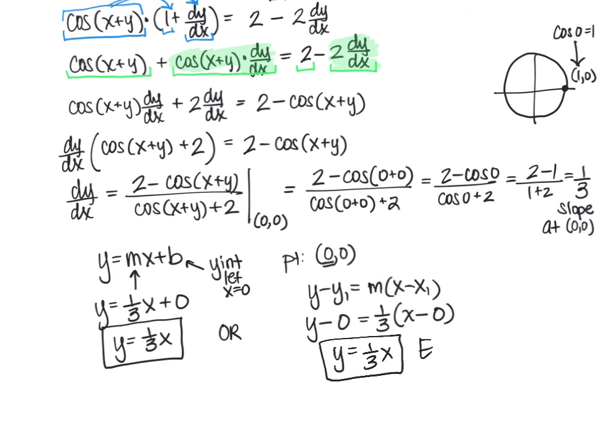So this is the equation for the tangent line, specifically at the point 0, 0. So just remember, anytime you're writing the equation for a tangent line, you need a point and a slope. And the way we're going to get the slope is by computing the derivative.